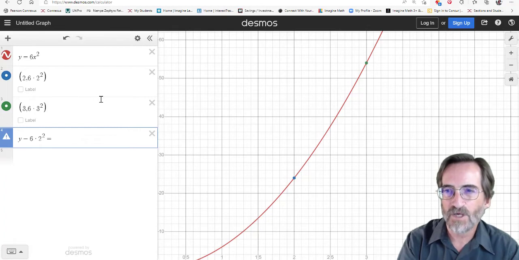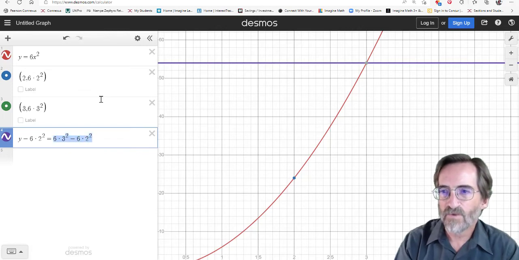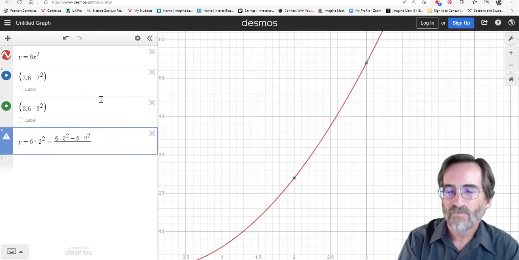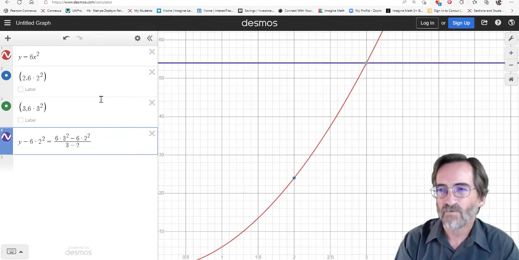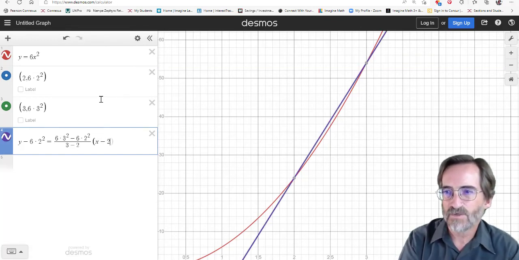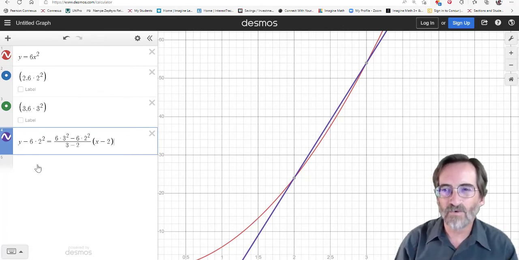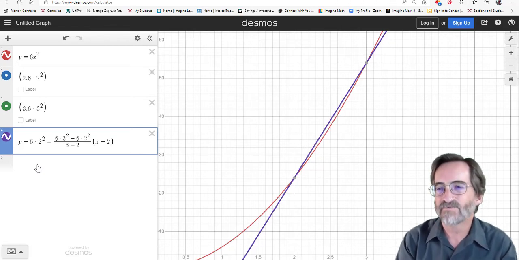The slope is change in y, 6 times 3 squared minus 6 times 2 squared, all over 3 minus 2. You may recognize the slope is the average speed. There's that formula again. Times x minus the x value, 2. I'm just using y minus the y value equals m times x minus the x value.